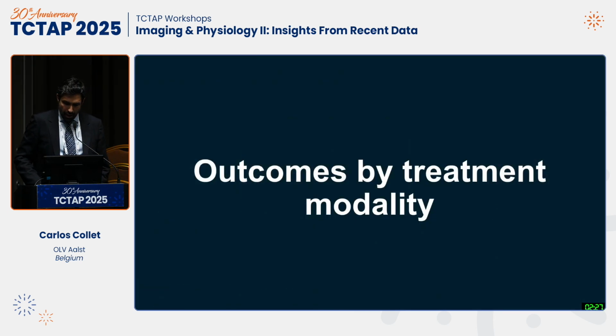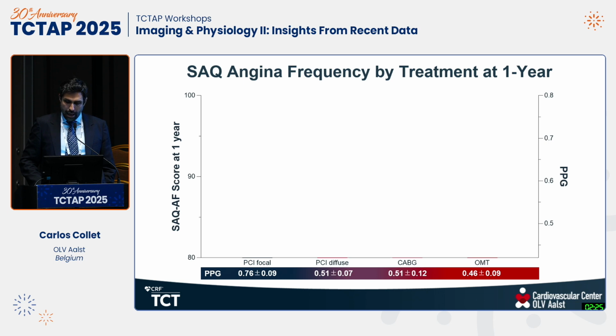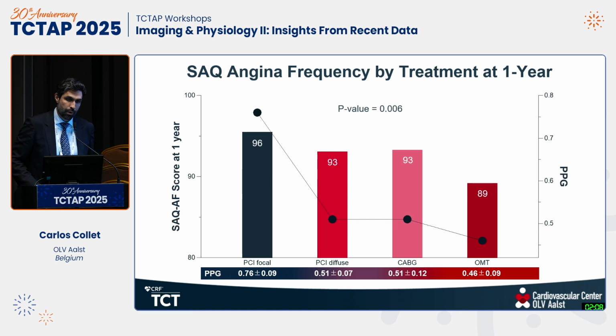Now, when we start looking at the outcomes, not by focal or diffuse disease, but stratified by what was done, whether PCI in focal disease, PCI in diffuse disease, surgery, or medical therapy, we look here at the Seattle Angina score at 1 year, so how the patient felt after 1 year of treatment. This is what we found.